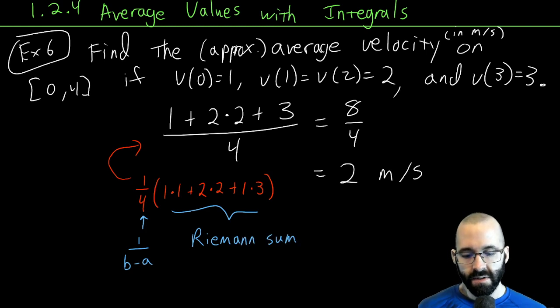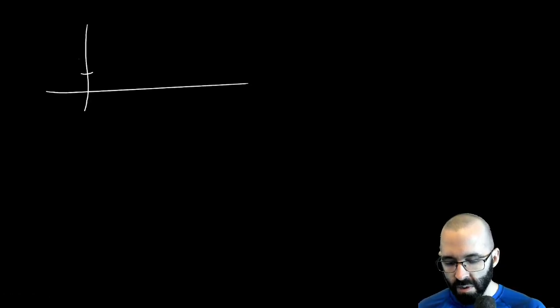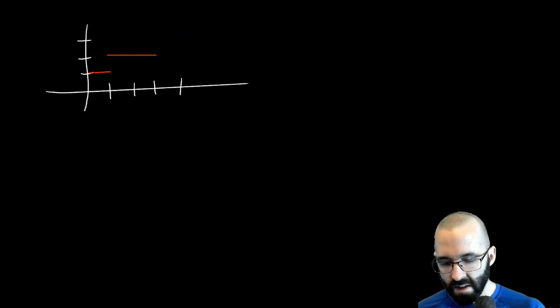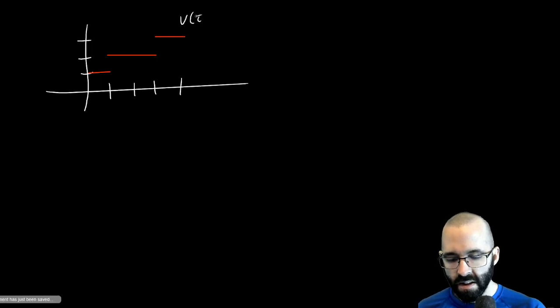Just the area. So exactly in this problem, we're saying we start off with this velocity, and then we jumped up to this velocity for 2 seconds, and then we were over here, where this is our velocity.